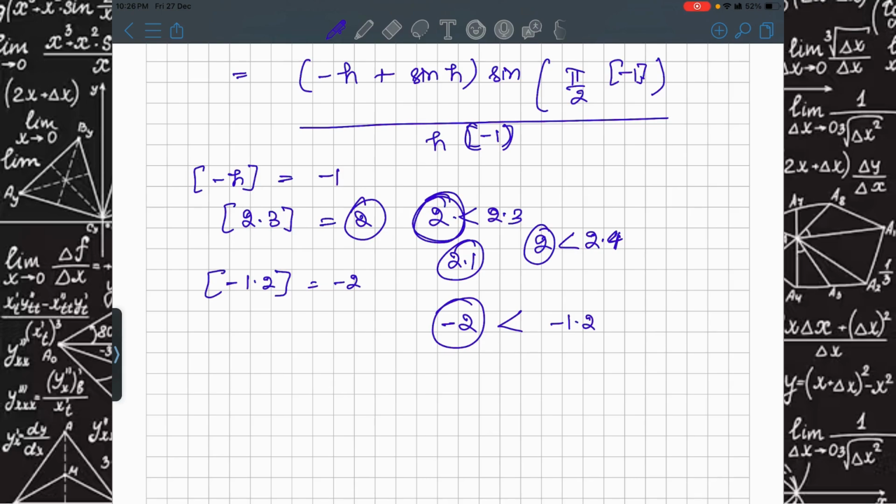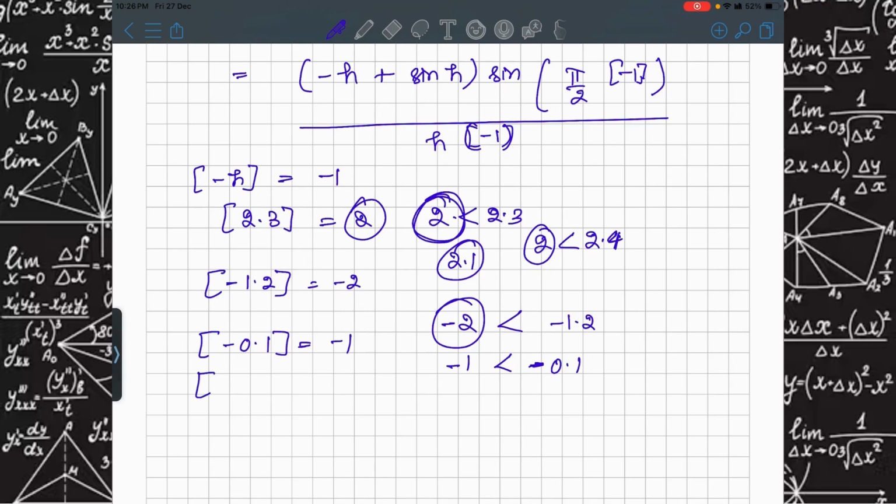Then what about greatest integer of minus 0.1? The answer is minus 1, as you guys guessed correctly. Greatest integer less than minus 0.1 is nothing but minus 1, right?